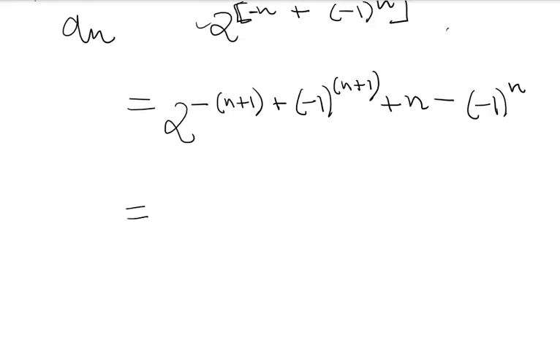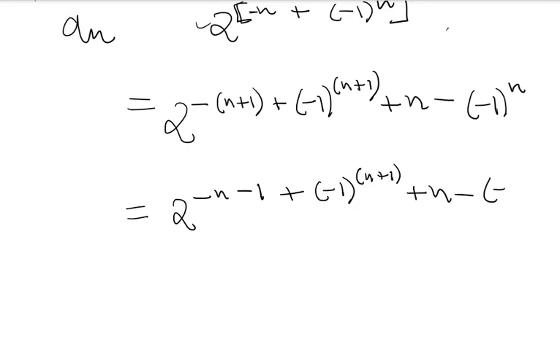So now we have 2 to the power minus n minus 1 plus minus 1 to the power n+1 plus n minus minus 1 to the power n.